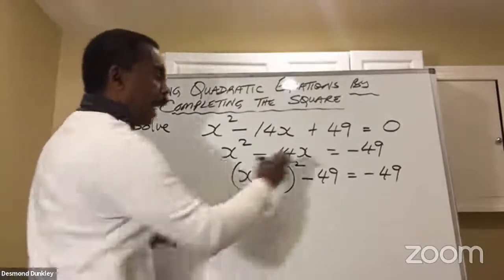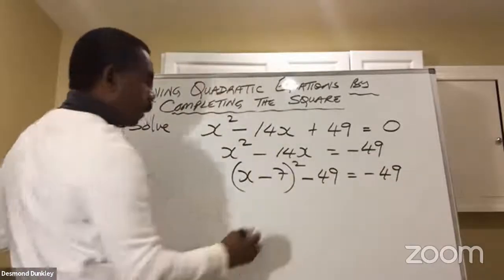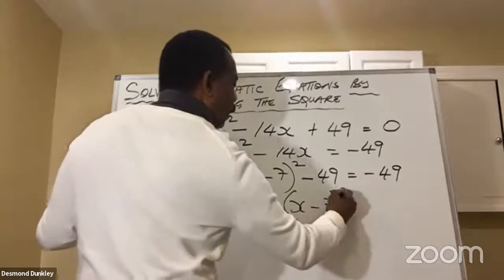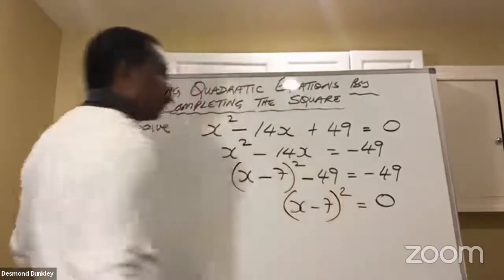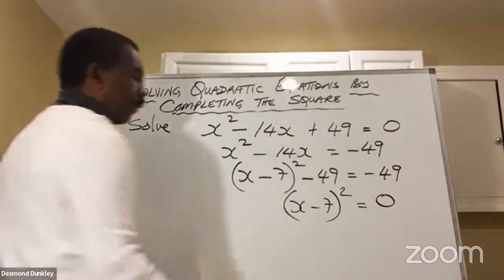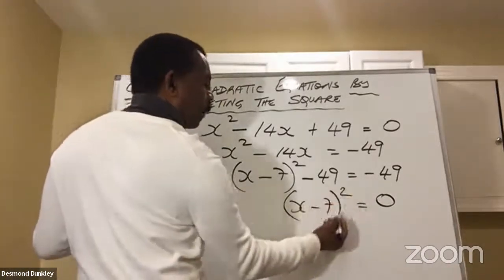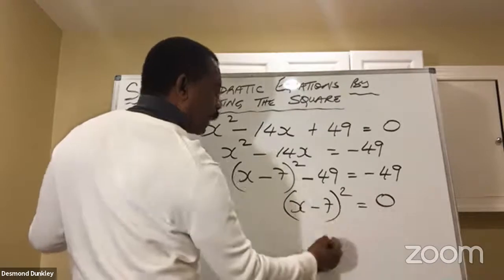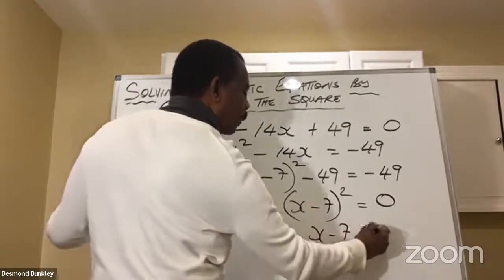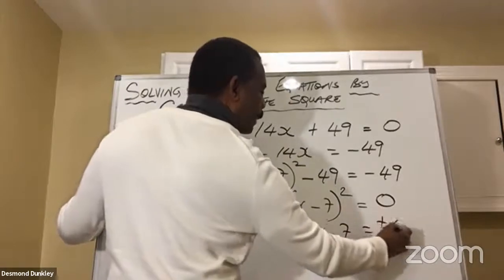So for this one, add 49 to both sides, we end up with x minus 7 squared equal to 0. Okay, so what do we do here? When we find the square root of both sides, we end up with x minus 7 equal to plus or minus 0.